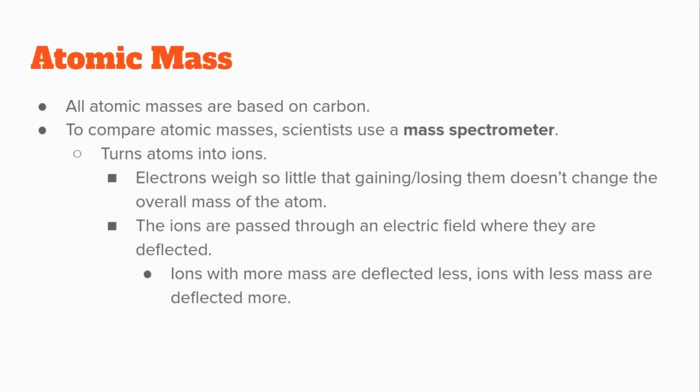They're turned into ions because we pass them through an electric or magnetic field inside of the mass spectrometer, and the fact that they're charged allows them to be deflected inside of there. So the ions with more mass are deflected less. They kind of stay on their original path, but the ions with less mass are deflected more.